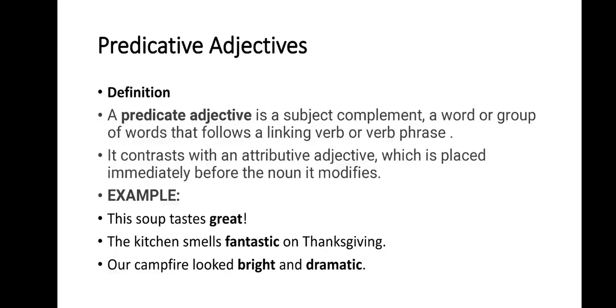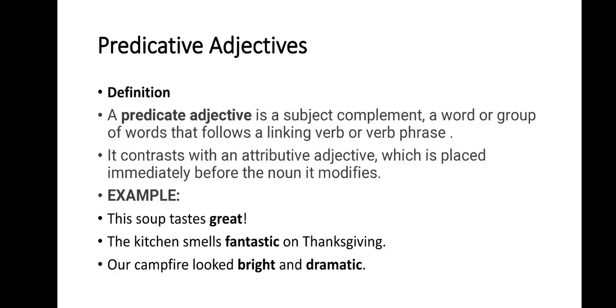Contrast means it's the opposite. Predicative adjectives are just the opposite of attributive adjectives, which are placed immediately before the noun they modify. Okay, in an attributive adjective, the adjective is placed before the noun, but in a predicative adjective, the adjective is placed after the noun or the verb phrase.